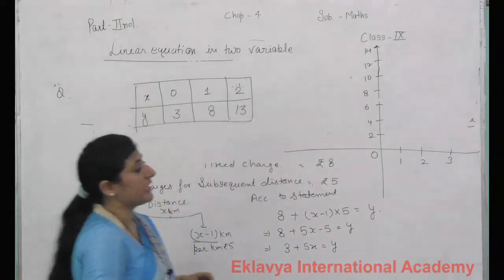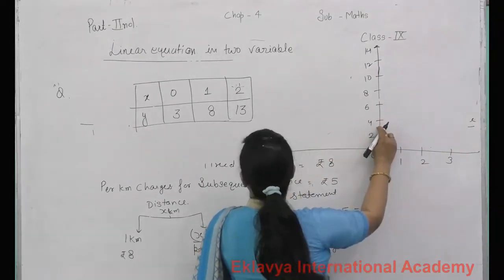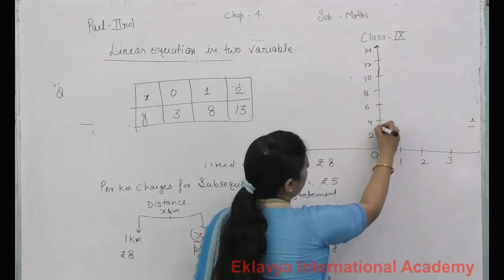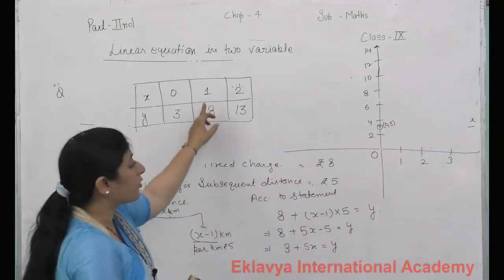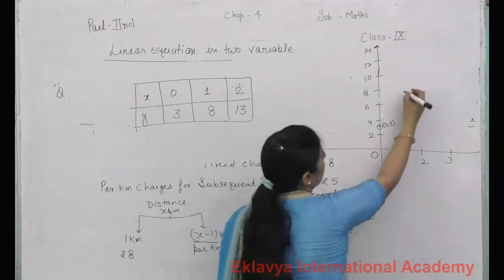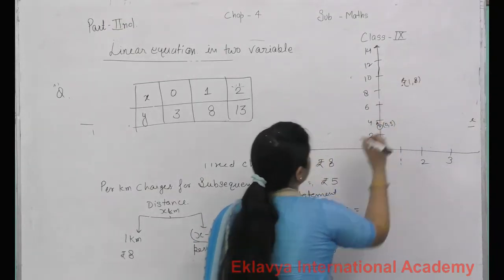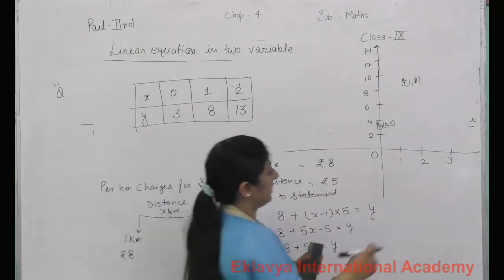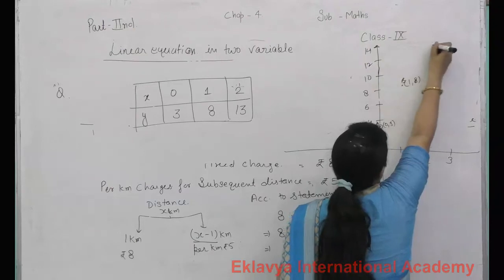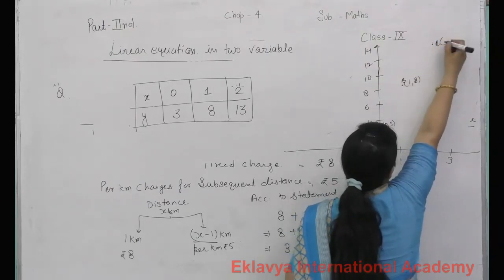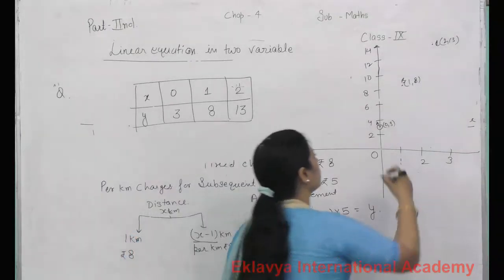When x is 0 then y is 3, so the point 0, 3 comes here in the middle. For x is 1, y is 8, so 1, 8 comes here. For x is 2, y is 13, between 12 and 14, 2, 13. Join.